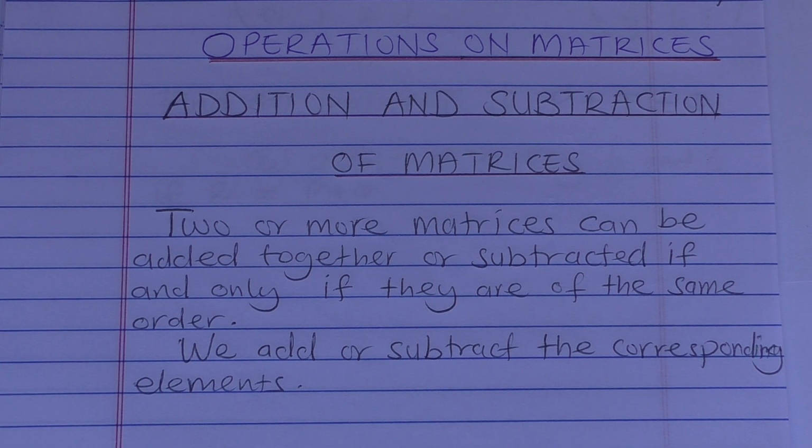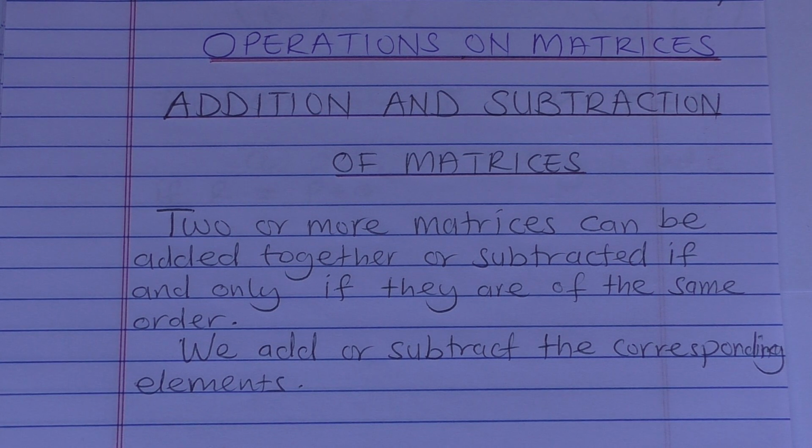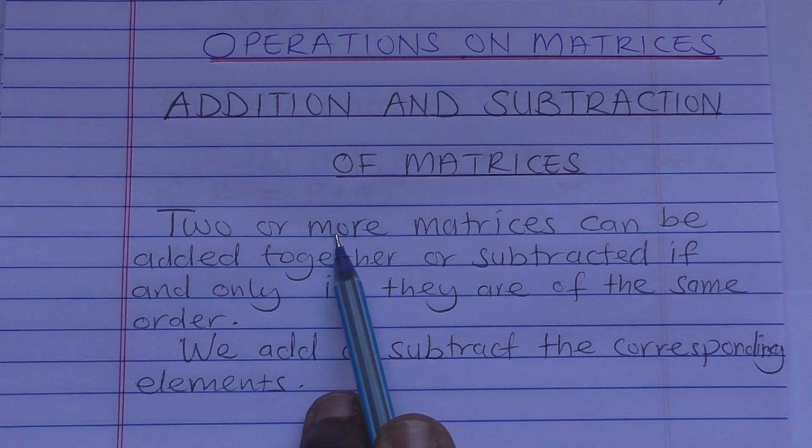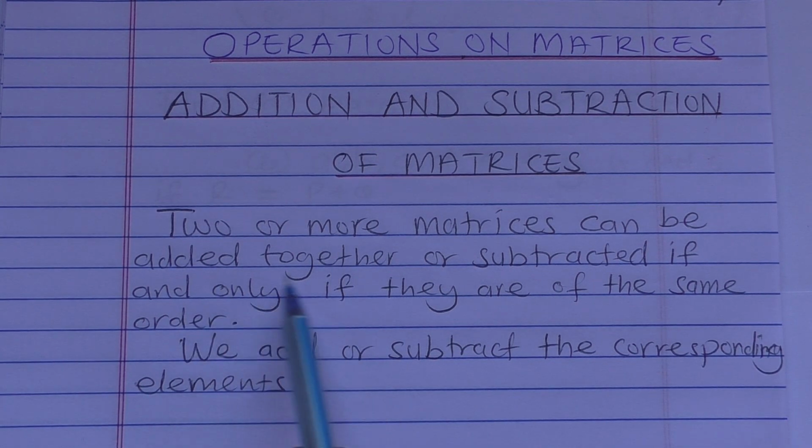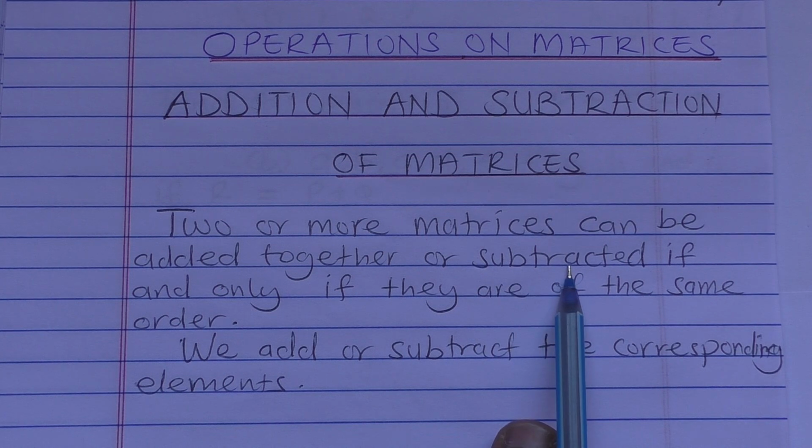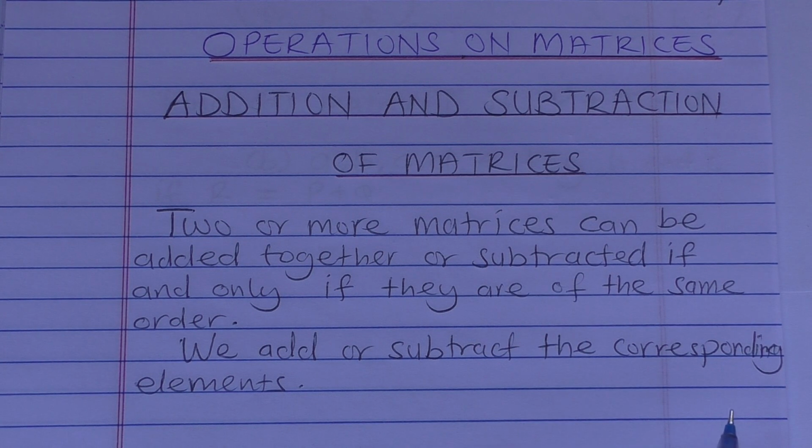When looking at addition and subtraction of matrices, there is a condition that we must always put into consideration, and this is what guides us when adding or subtracting matrices. The condition is two or more matrices can be added together or subtracted if and only if they are of the same order.